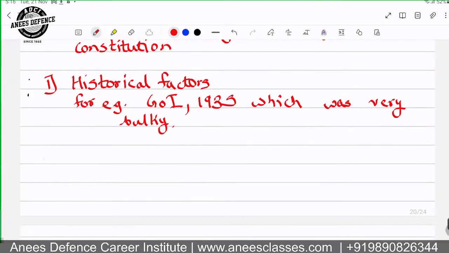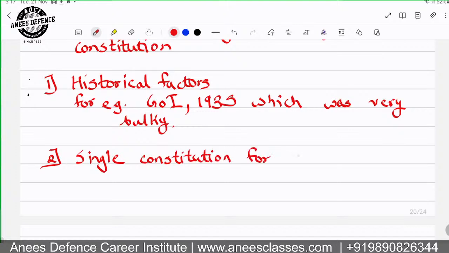The second part: we have a single constitution for the nation as a whole, for the central government and the state governments. So India has a single constitution for center and states.